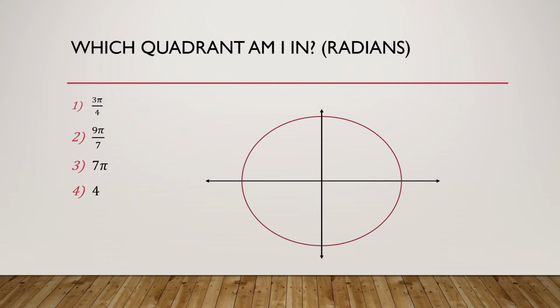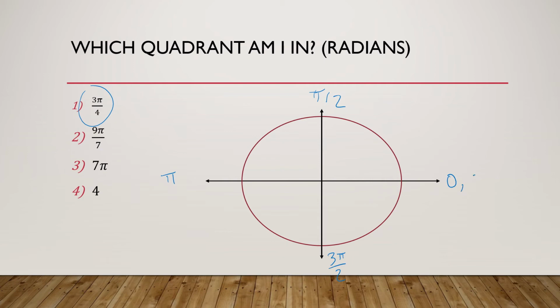Alright, so similar to some examples we worked earlier with degrees, now we're going to talk about finding the quadrant the angle that's measured in radians would be in when drawn in standard position. It's going to work the same way. It really helps for you to label your 4 corners. That's what I'll call these guys.